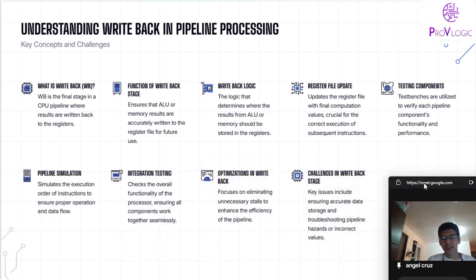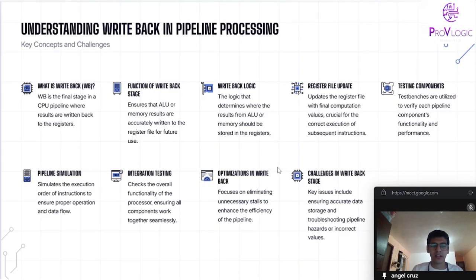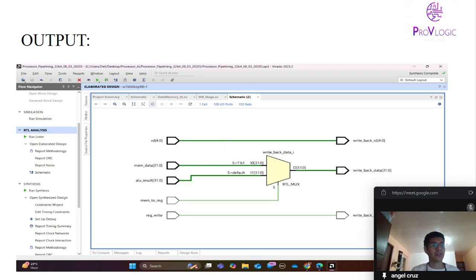Some of the challenges on the write-back stage are ensuring that the data is accurately stored, and sometimes troubleshooting pipeline hazards or incorrect values that are received inside our program during the execution of the write-back stage.